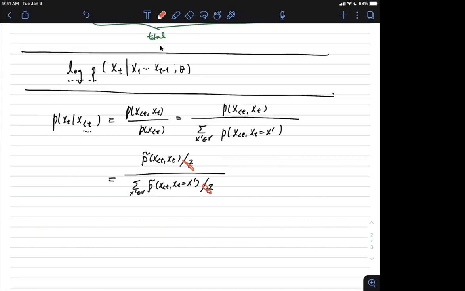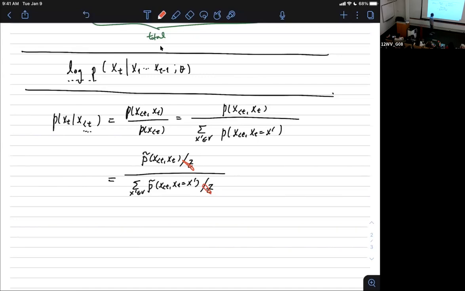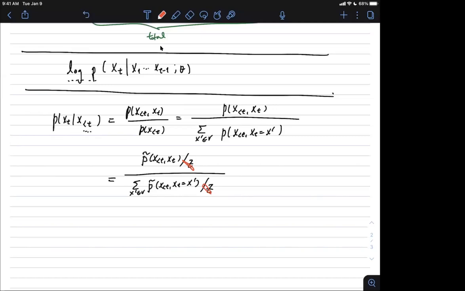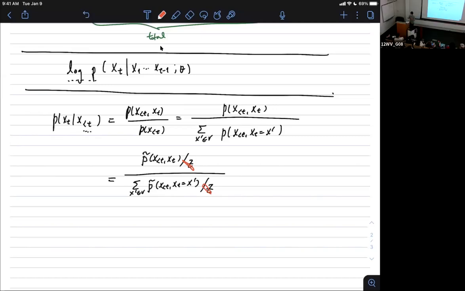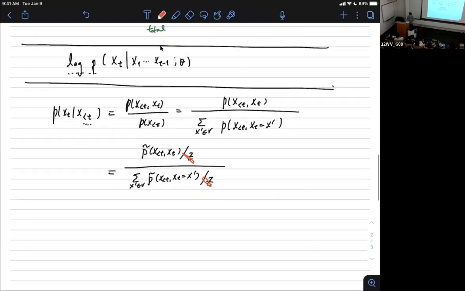Sorry, what did you circle again? This one, it cancels each other. Oh, cancel. Okay, thanks. That doesn't look too mathematical if you circle it there, but okay, understandably it makes sense.